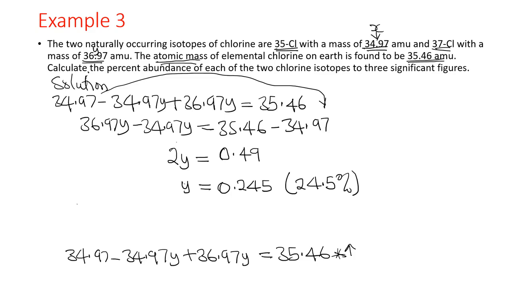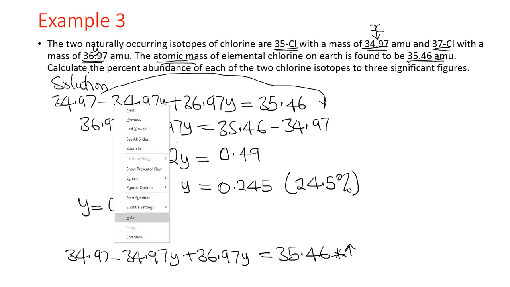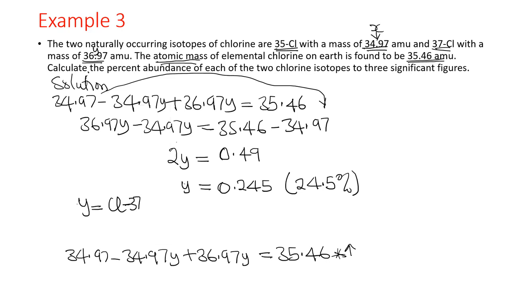So the question is, what is Y? Y corresponds with Cl37. It corresponds with chlorine 37. So what this tells us is that there is 24.5% of chlorine 37.